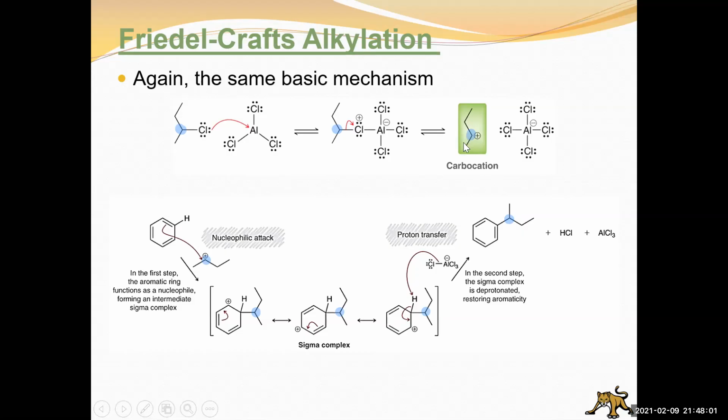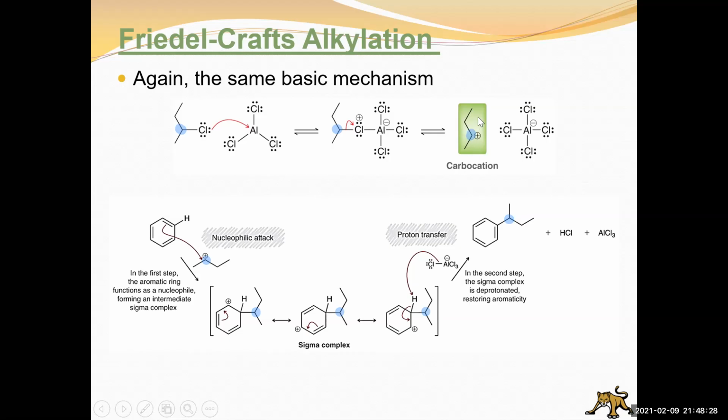Now, something should occur to you with regards to this mechanism because it's forming a carbocation. That carbocation is going to be as stable as it can be. If you had done this with the chlorine on the end, you would have tried to form a carbocation with a terminal positive charge, and that's not stable.